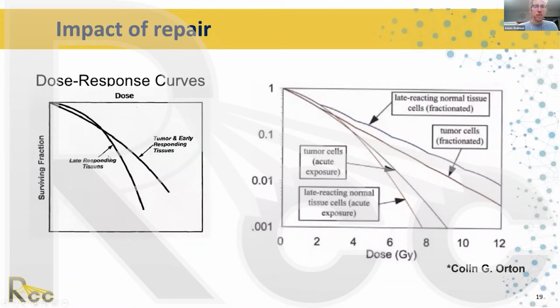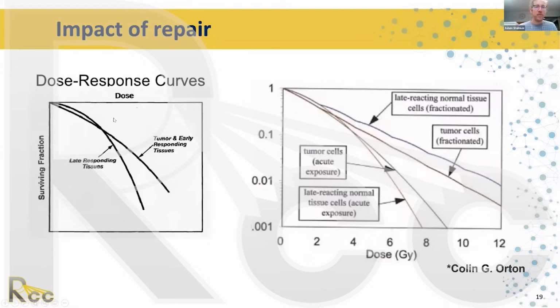Here we've got two different survival curves, one here, one here. You can see the alpha term is here, and here you've got a really rounded shoulder. This rounded shoulder corresponds to late responding tissues, so this has a low alpha beta. The alpha and beta terms become equal at a lower dose.